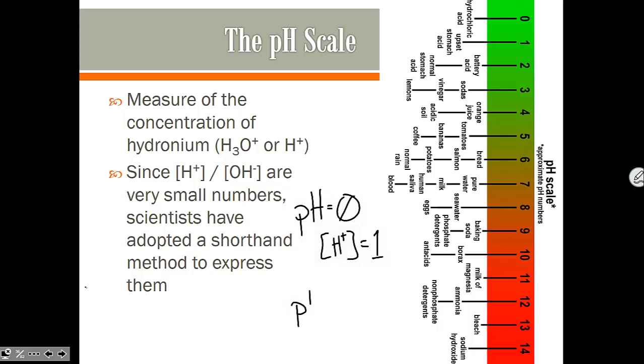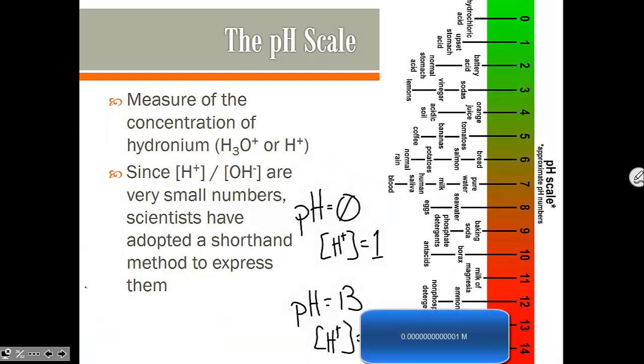Something with a pH of 13 has 13 zeros in front of the concentration of hydrogen ions. And therefore there are very few hydrogen ions in solution. Working with these very, very small or very, very large numbers is problematic, so we have a shorthand for that, and that's where the pH scale comes into play.